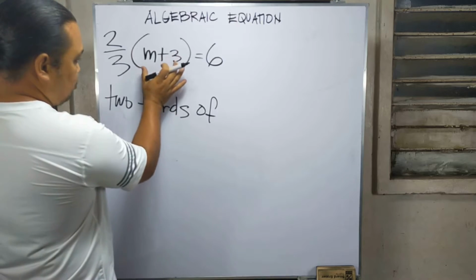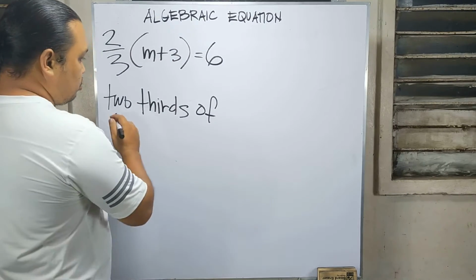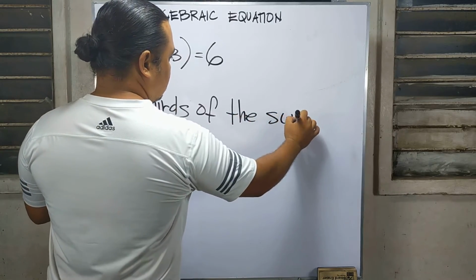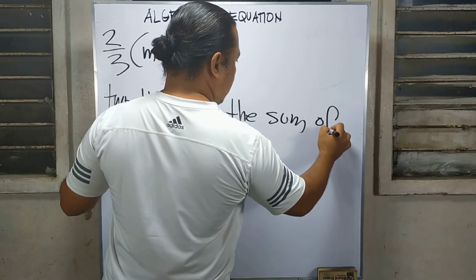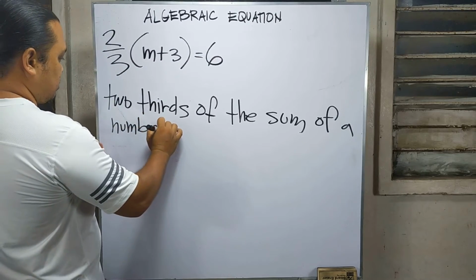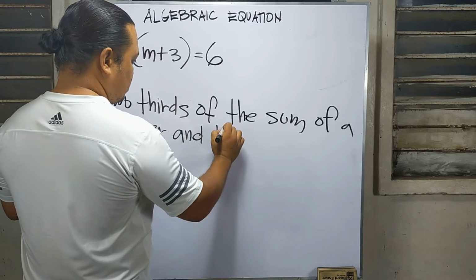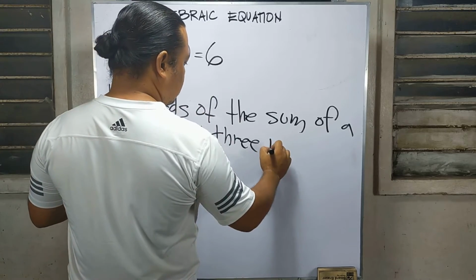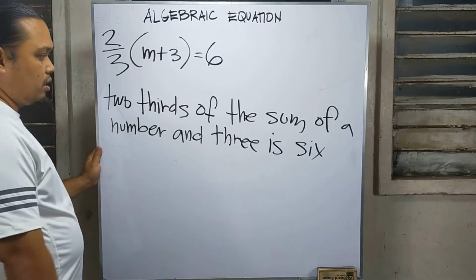Therefore, the answer of these two numbers is the sum. So we're going to use the sum. 2/3 of the sum of a number, which is n, for our variable, and 3 is equal to 6. Okay, that will be a word phrase.